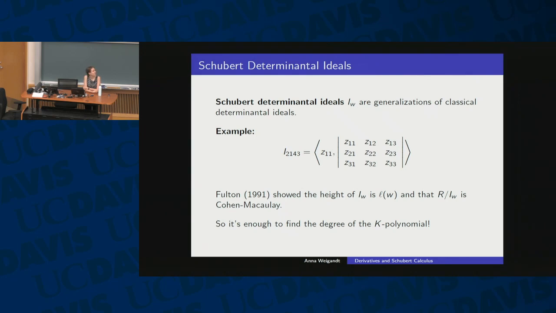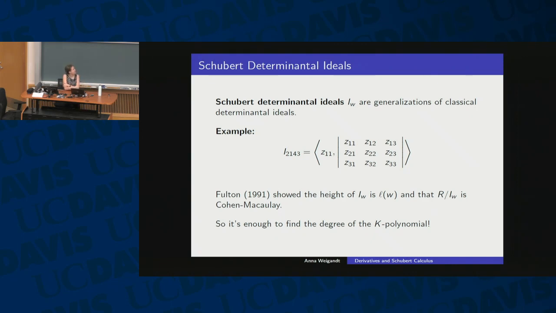Okay, so the modules that I like to study are things called Schubert determinantal ideals. So these are generalizations of classical determinantal ideals, ideals generated by minors of a fixed size in some generic matrix. Schubert determinantal ideals are, again, generated by certain minors that are determined by the combinatorics of the permutation.